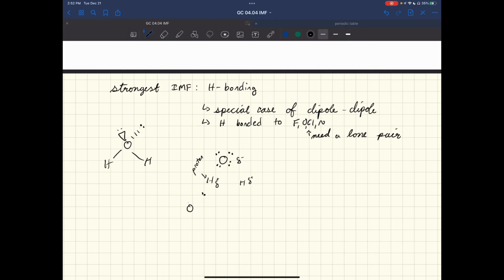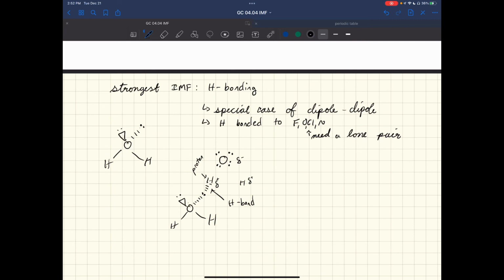So the lone pairs of one water molecule can interact. Here's our hydrogen bond. The lone pair of electrons can interact with the protons and the hydrogen of another molecule. And you'll get these huge networks, right?